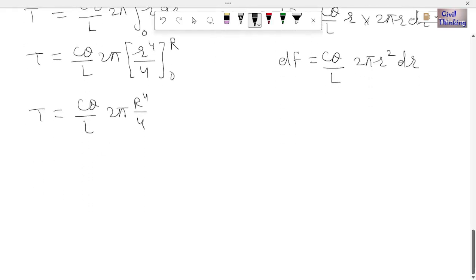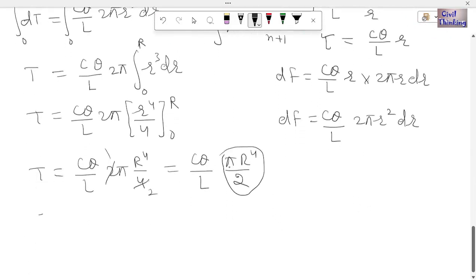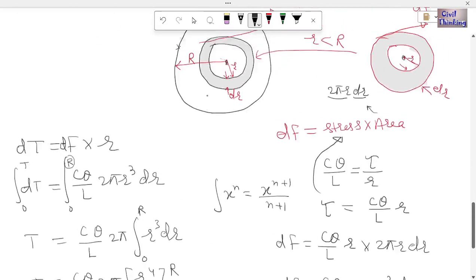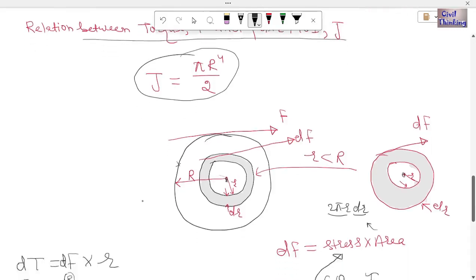Now if you remember something when you look at this, let me show you. We can write this as C theta by L, and this 2 and 2, it is going to be pi R to the power 4 divided by 2. But what is this pi R to the power 4 divided by 2? If you remember from my previous classes on polar moment of inertia, the polar moment of inertia of a shaft is pi R to the power 4 divided by 2.